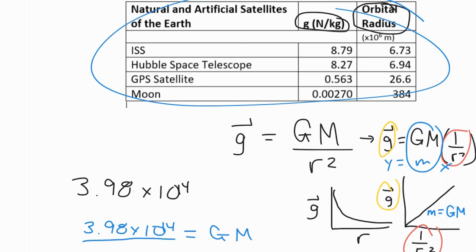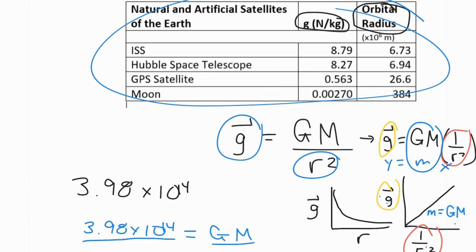So I have a numerical value for the slope, and I also have an algebraic equation for the slope. You'll notice that in this I don't have r and I don't have g, because those were the variables in my graph that allowed me to find that slope.